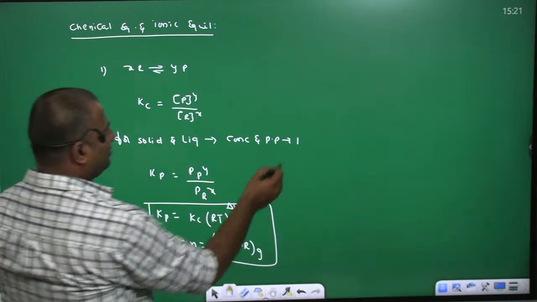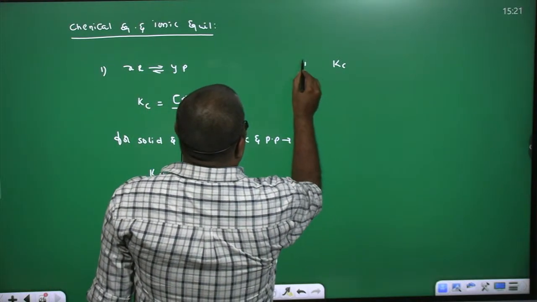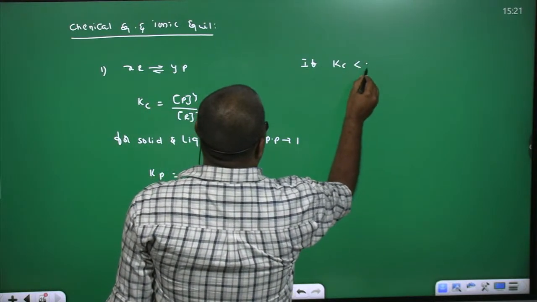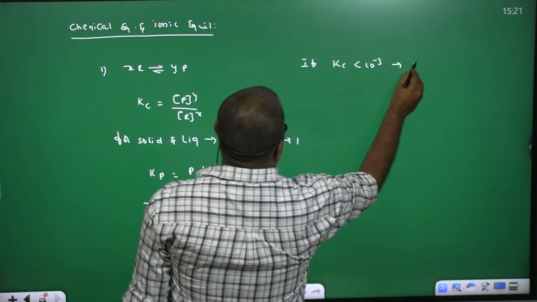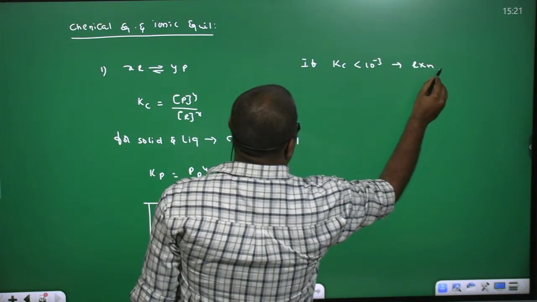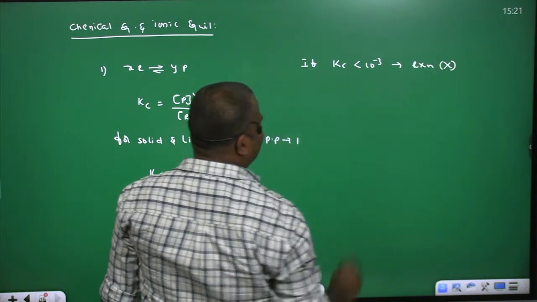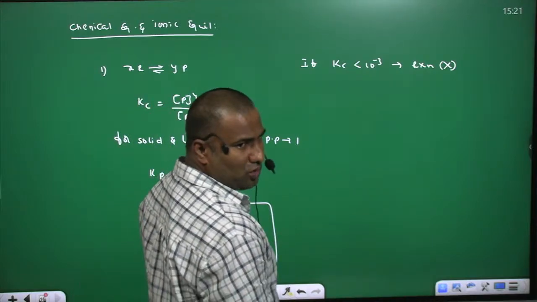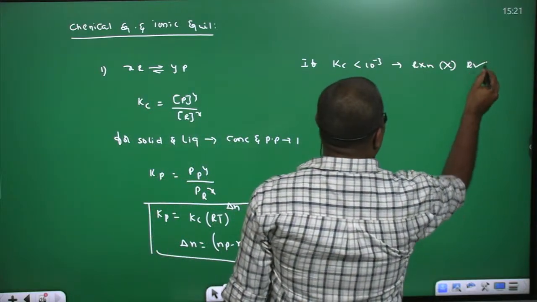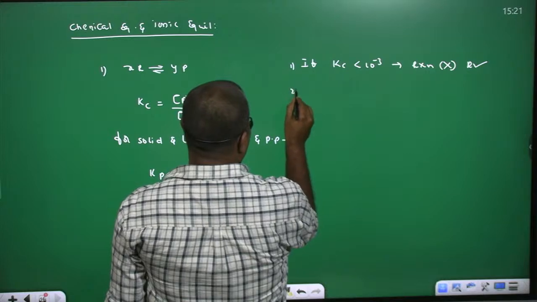Next conditions. If Kc is less than 10 power minus 3, the reaction cannot proceed. The reaction does not happen, which means you can find only reactants. This is the first condition.